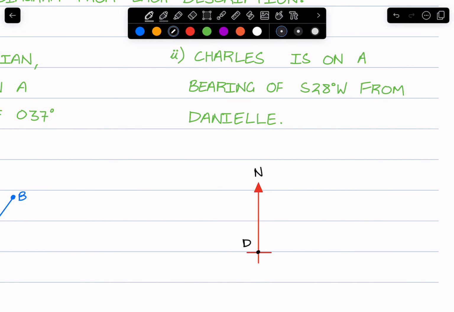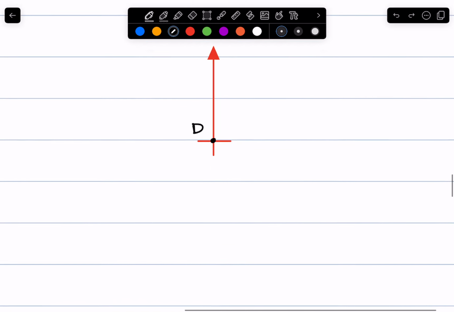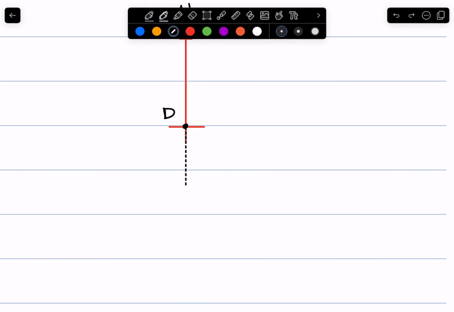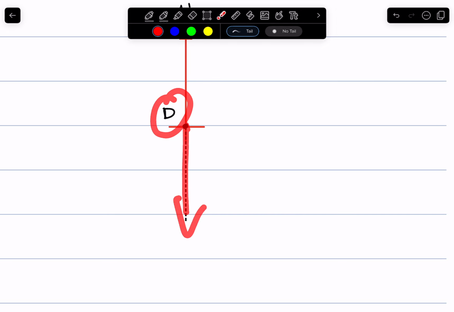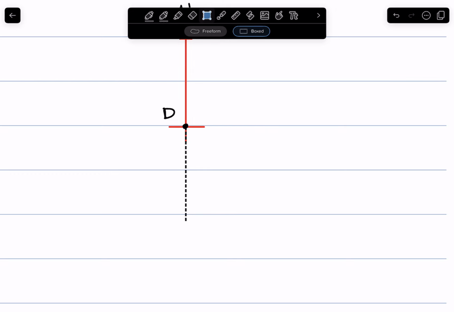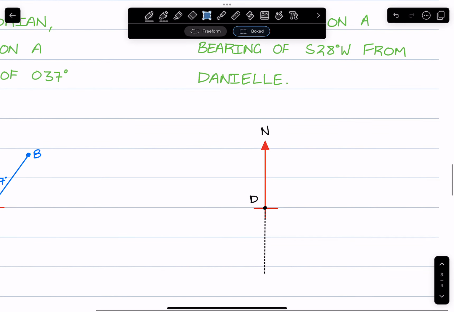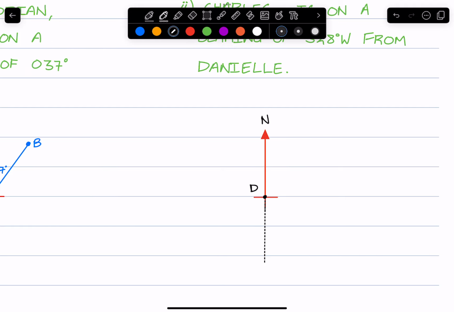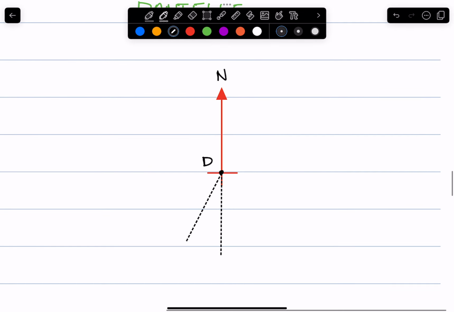And it says that Charles is on a bearing of south 28 degrees west. So we need to imagine that now. Danielle is facing south, and she's going to rotate her vision until she's looking at Charles. So south 28 degrees is rather short, so that there is 28 degrees.